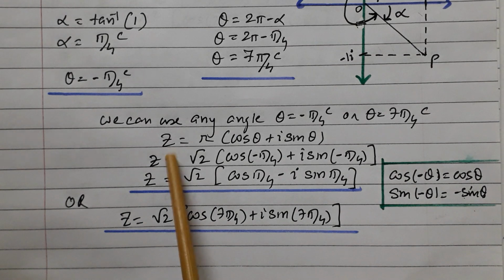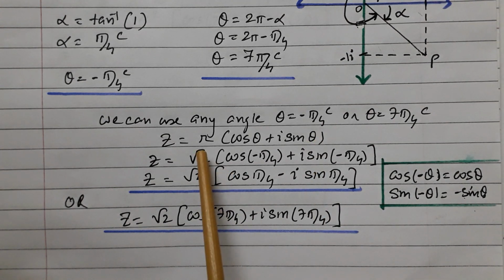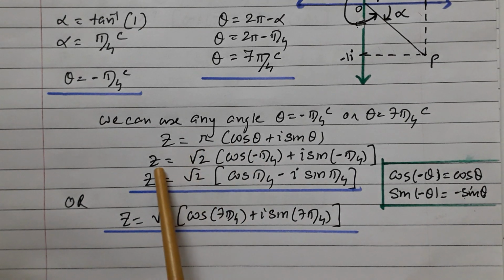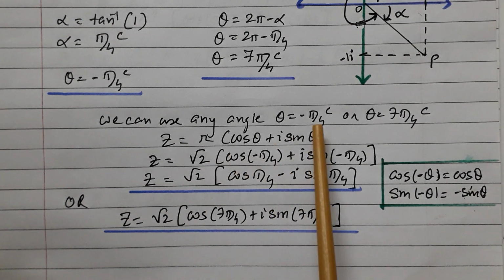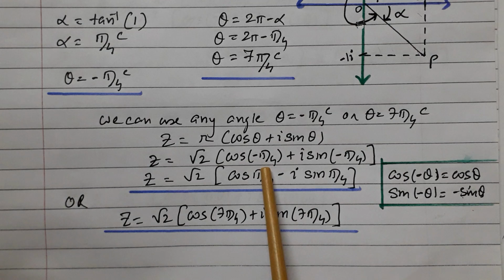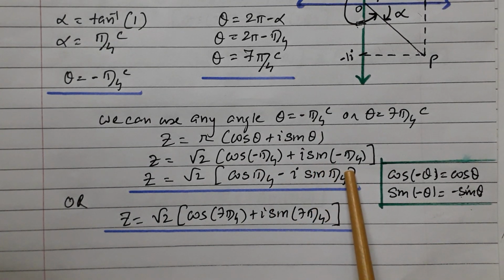So z is equal to r times cos theta plus i sin theta is the general expression for representing the number in the polar form. And as we have already calculated the magnitude r and the argument theta, z is equal to root 2 times cos of minus pi by 4 plus i sin of minus pi by 4, where we first use the angle negative pi by 4.